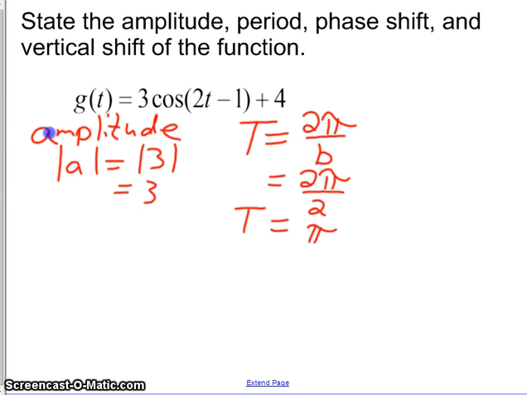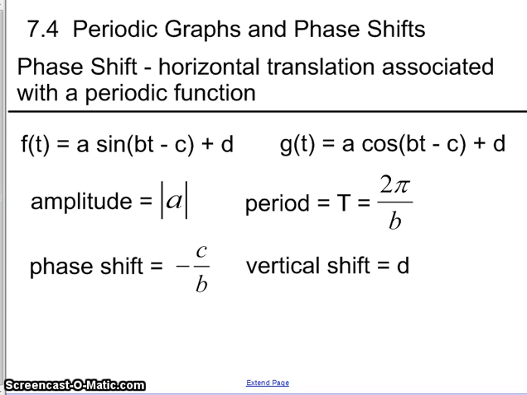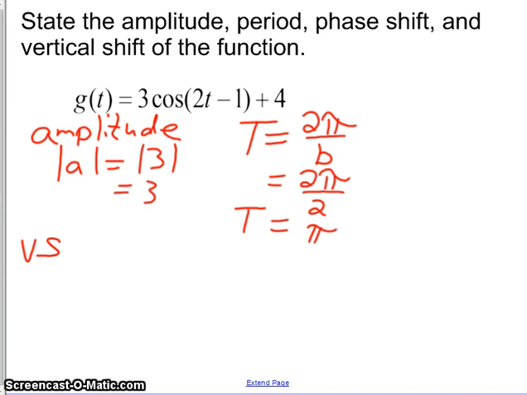Phase shift. I'm just going to abbreviate that PS. Okay. Phase shift is negative C over B, which means that it's moving the opposite direction of whatever this sign is. So this is a negative, which means it's going to be moving to the right.